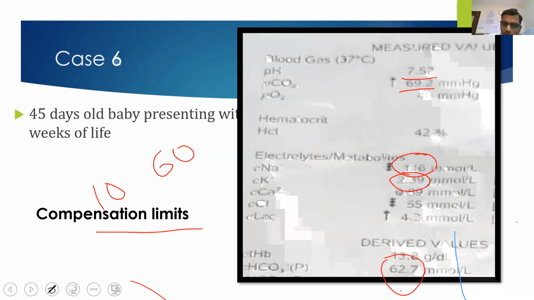So if the CO2 has increased more than 60, it means that there is a primary respiratory acidosis apart from the compensation. The same holds with CO2 less than 10. Bicarbonate also does not go beyond 40 by compensation alone. So if the bicarbonate is more than 40 or the CO2 is more than 60, there is some respiratory acidosis also. This patient presented apneic also, so there was metabolic alkalosis plus, because of the apnea, the patient developed a respiratory acidosis also.